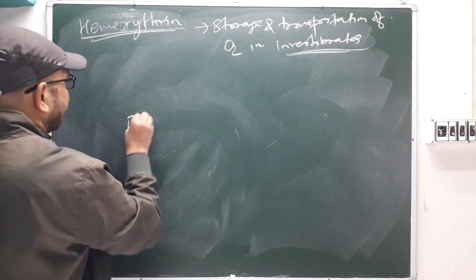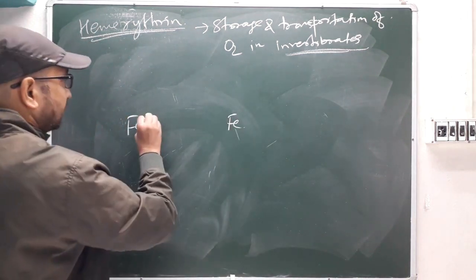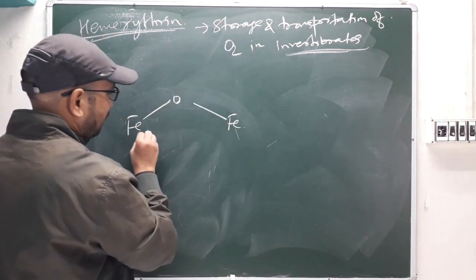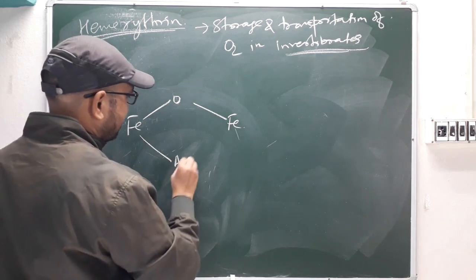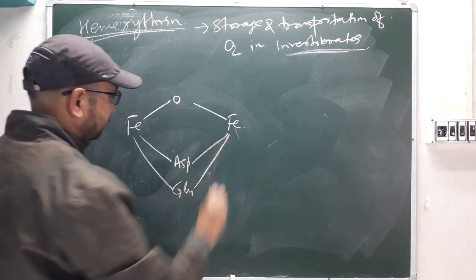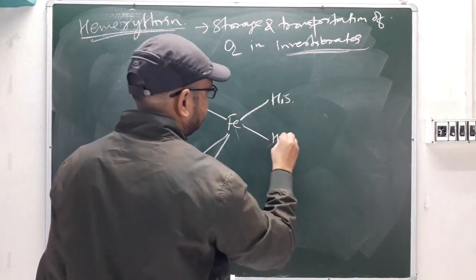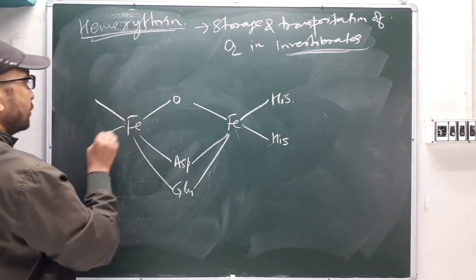So we'll have iron, and here also we have iron, correct? Then it will be attached with aspartate, then it is attached with glutamate. Here 2 histidine units will be there, here 3 histidine units will be there.